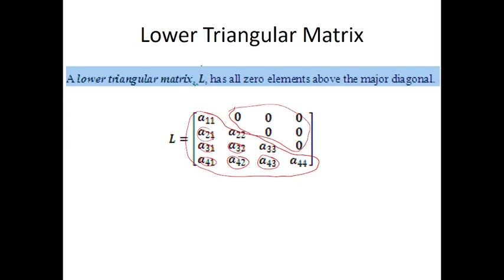So sabihin dapat kahit isa lang diyan ay hindi 0, sabihin na pwedeng 1. Tapos yung iba 0, pwede 'yan. So pwede 'yan. So we can still classify it to be a lower triangular matrix.